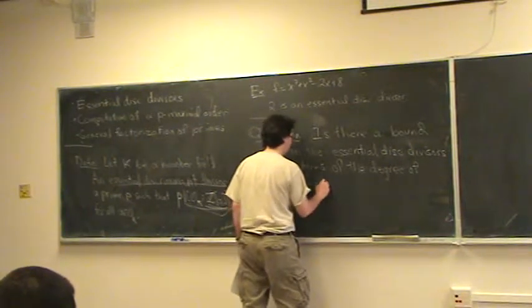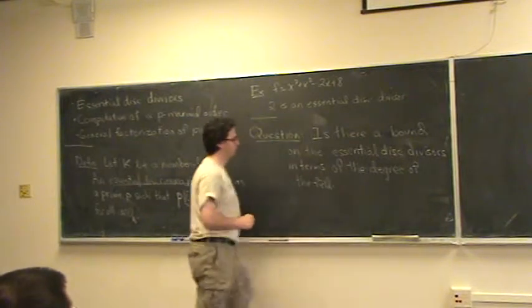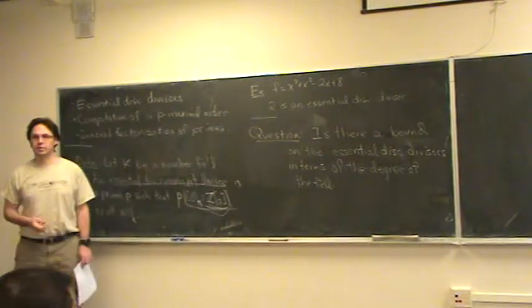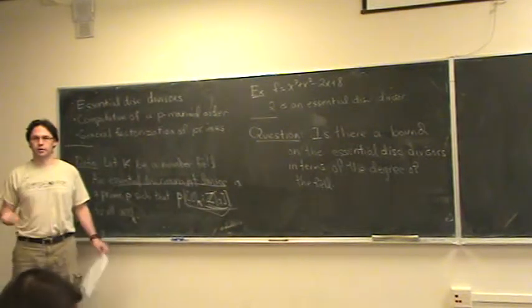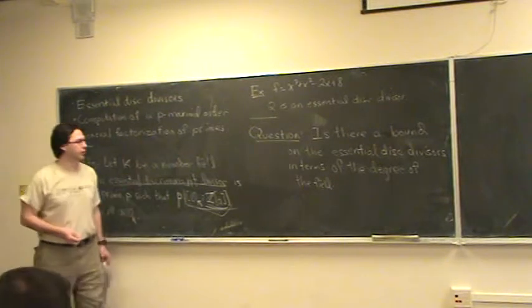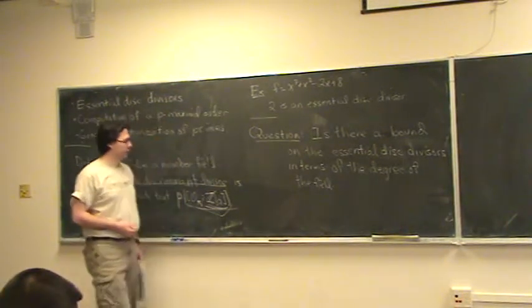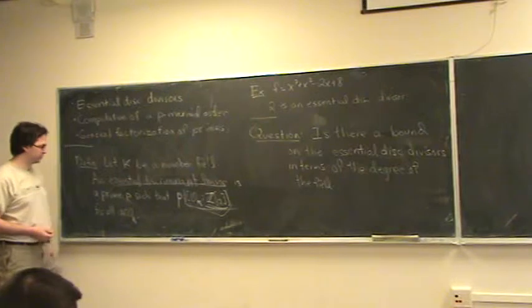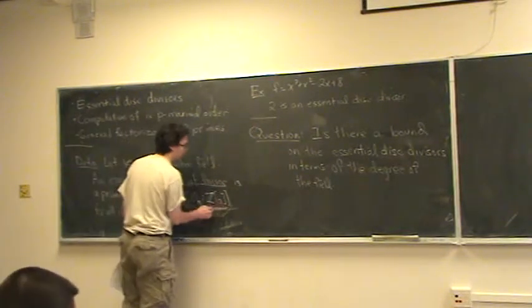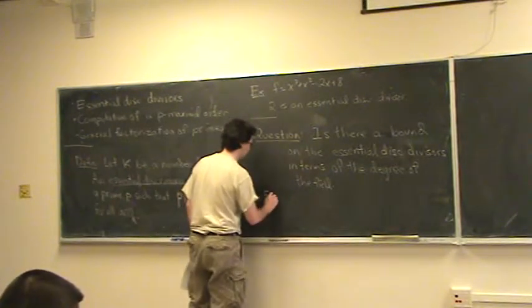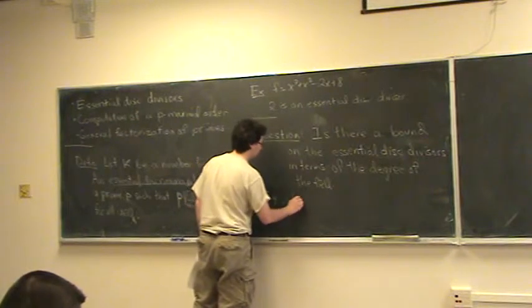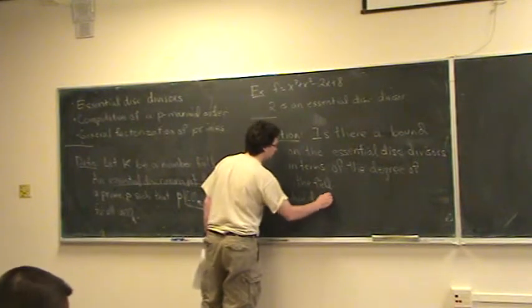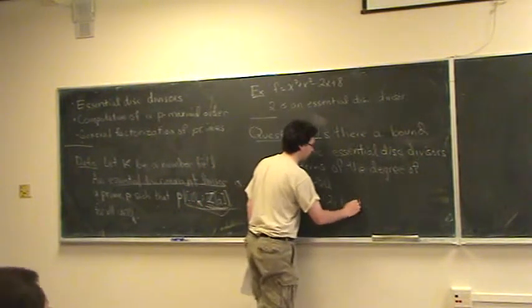In other words, if you have a cubic field, is it obvious that maybe only 2 could be an essential discriminant divisor? I don't know, but there's a question to throw. I think for a quadratic field, you don't have any essential discriminant divisors. Well, I know that. So, for example, when the degree is 1 or 2, there are no essential discriminant divisors.